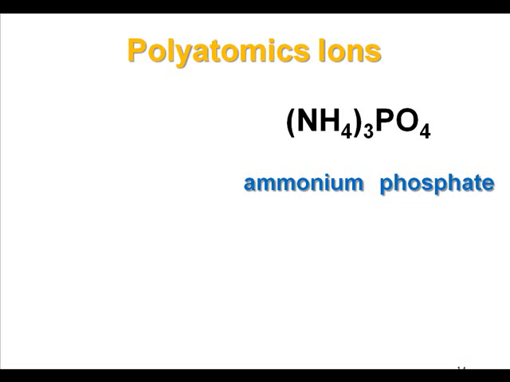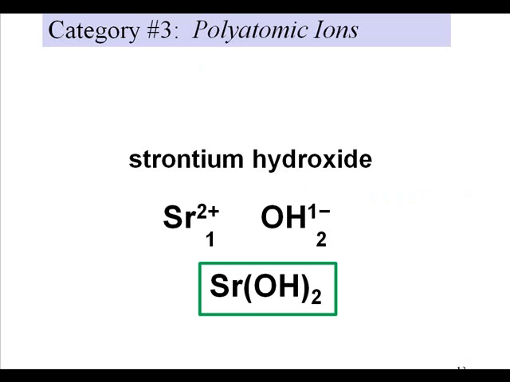Now the question sometimes comes up, which is, how am I supposed to recognize that I have a polyatomic situation and not just, say, a metal and nonmetal? A compound is a polyatomic situation if there are 3 or more different kinds of atoms involved. Let me back it up here and try to show that to you.